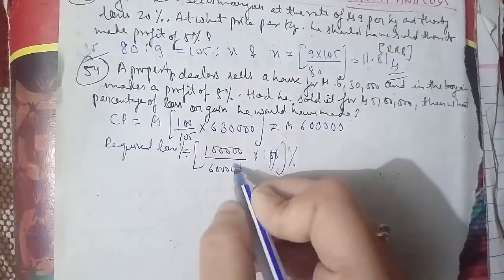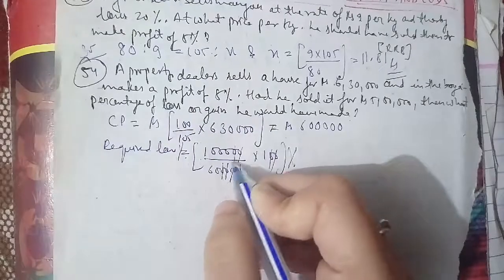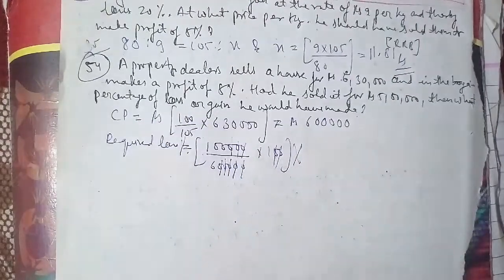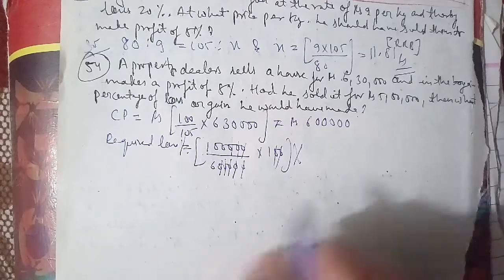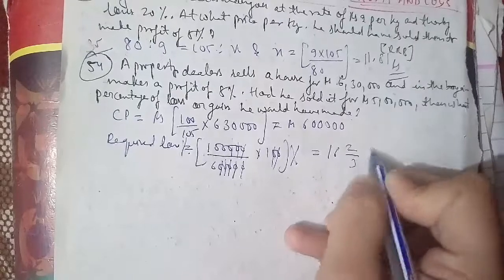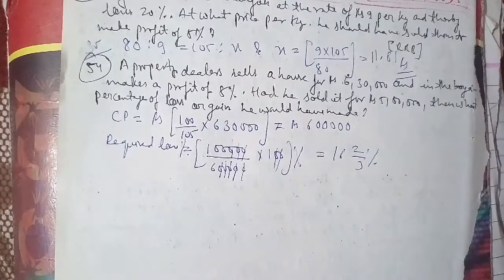This zero being cancelled by this zero, this being cancelled by this zero, this being cancelled by this zero, this being cancelled by this zero, and this has been 100 by 6, which gives you 16 2 by 3%. That we have as an answer here.